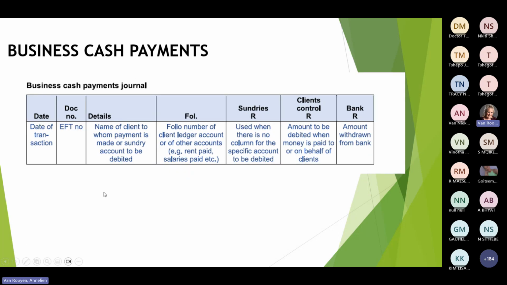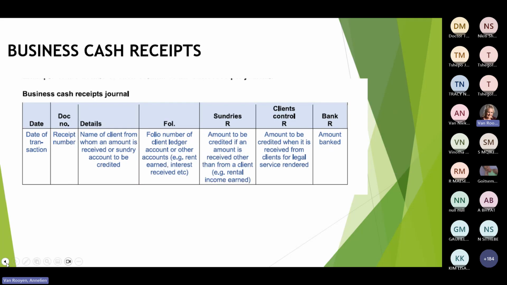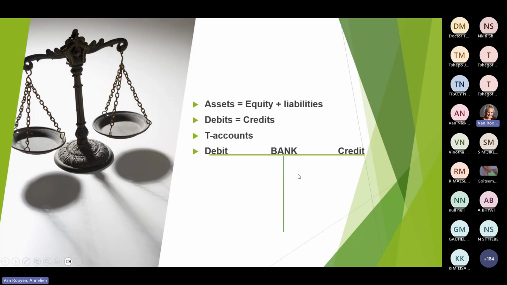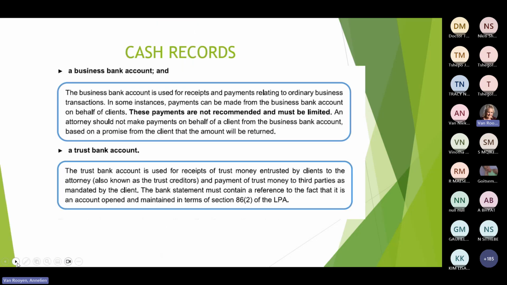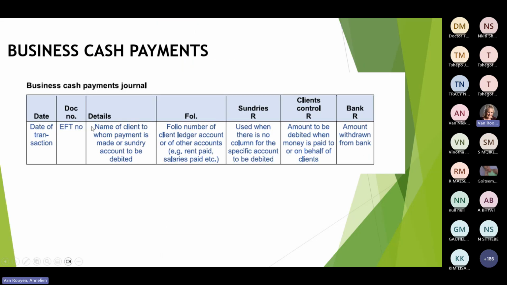The same applies to the business cash payments journal. Now, if we go back again to the T account, now we're on this side of the T account. We're doing the outflow of the money that we received. Again, we put as much detail as possible in.